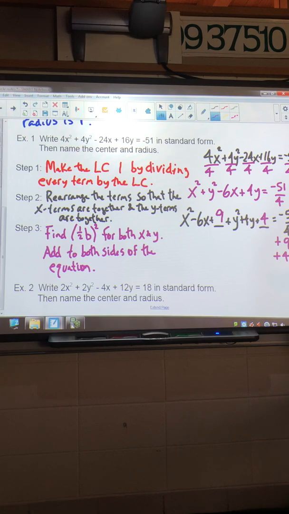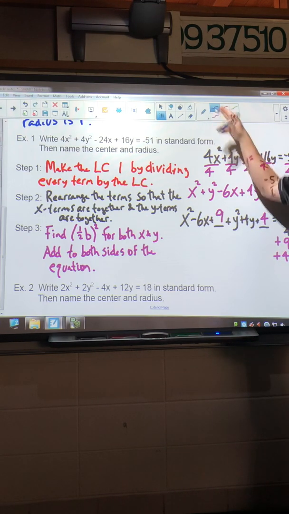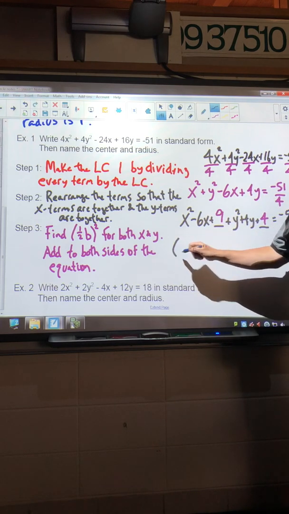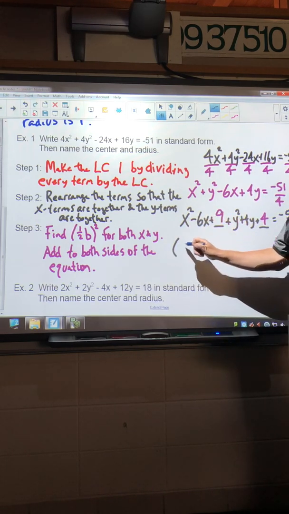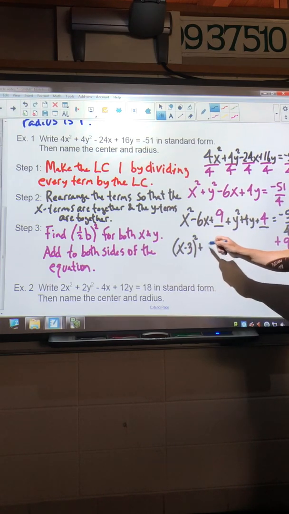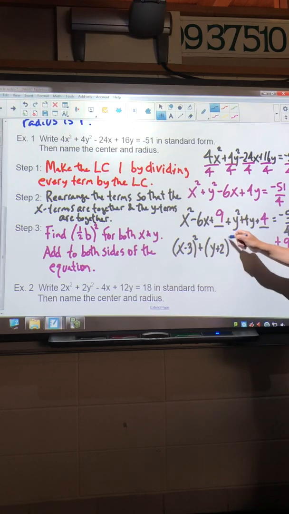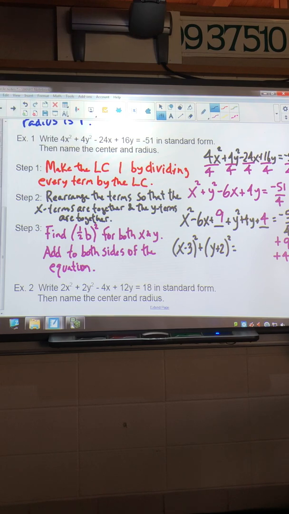Okay, and then we simplify. So this would be x minus 3 squared, y plus 2 squared. So 9 plus 4 is 13.